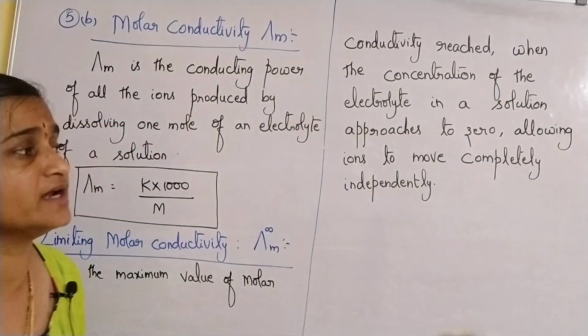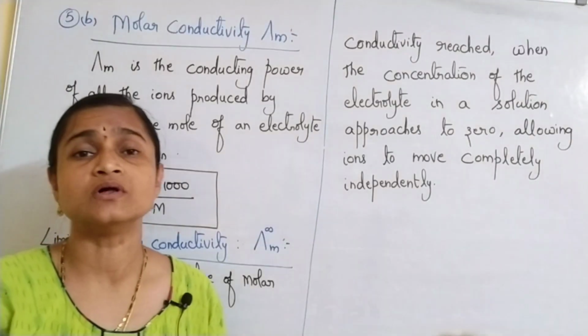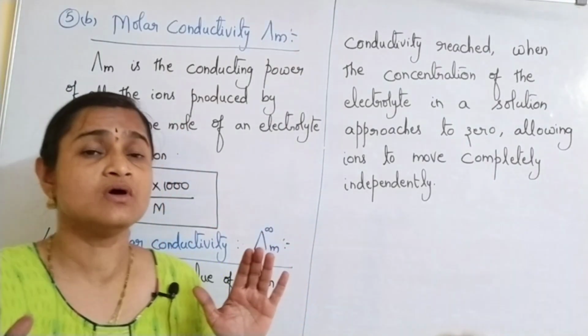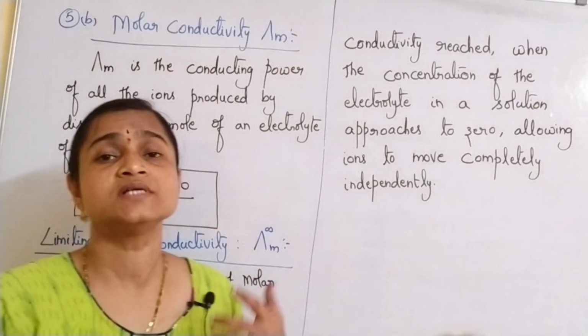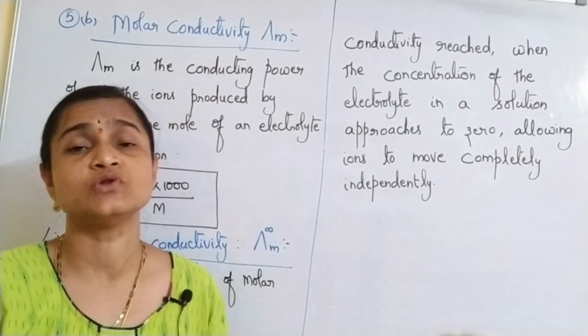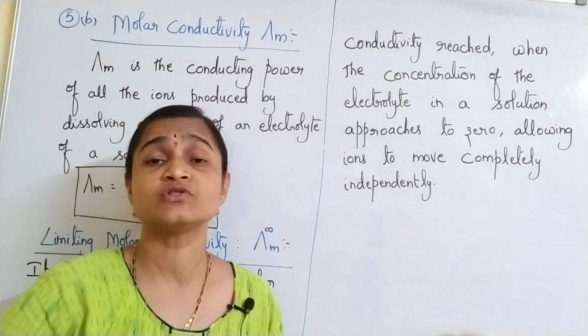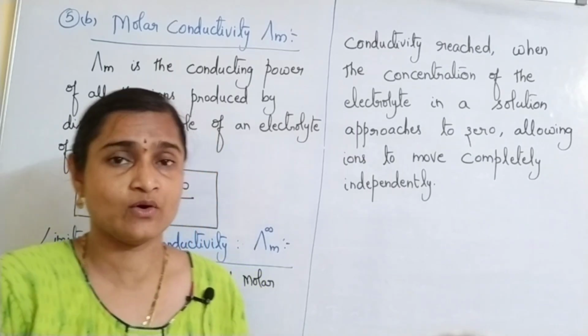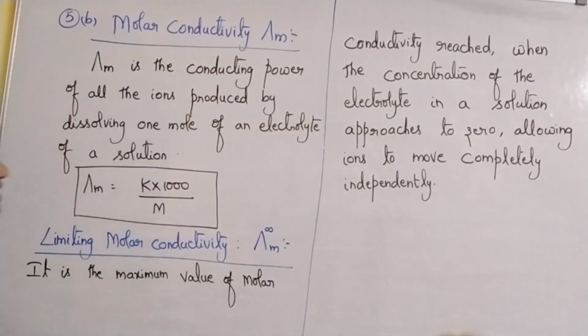In such a case, all the ions can move very independently. That's why Kohlrausch law is called Kohlrausch law of independent migration of ions. At infinite dilution, migration of ions is very free, they move independently. So that is called limiting molar conductivity.